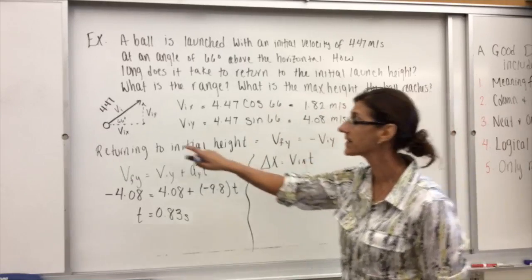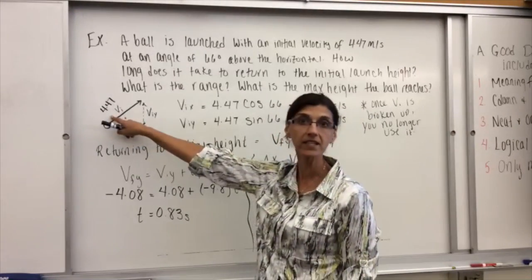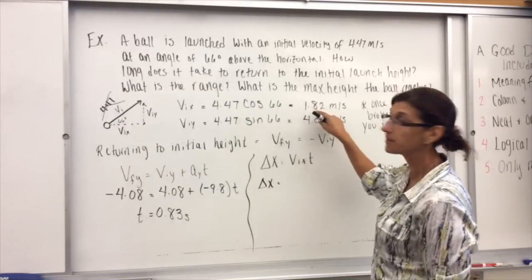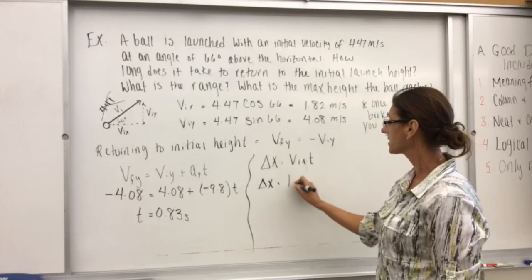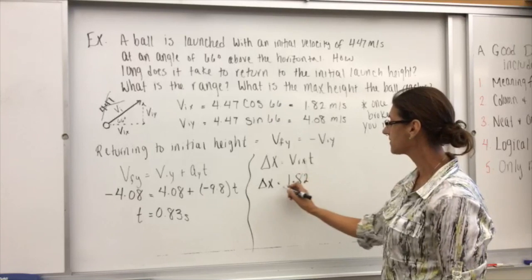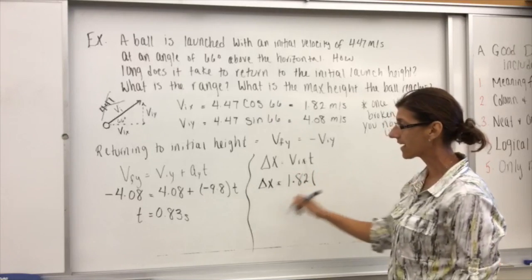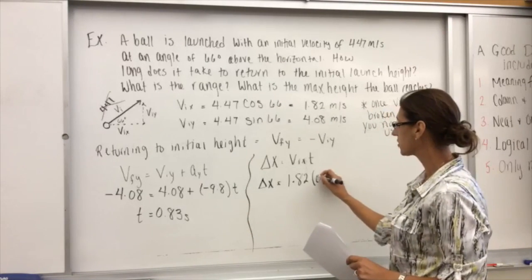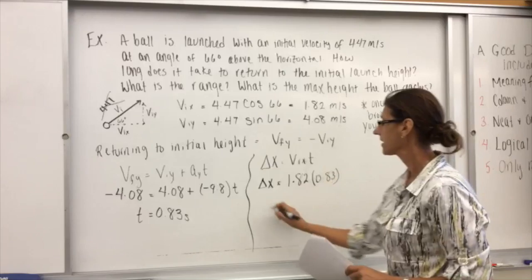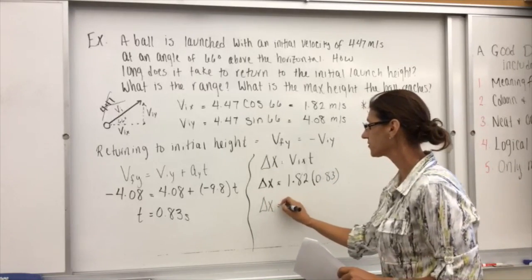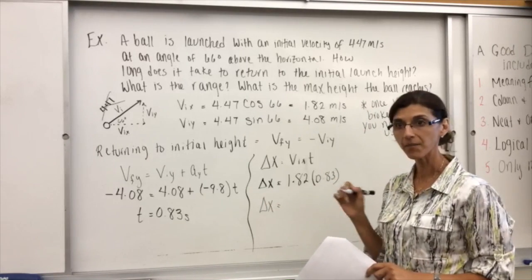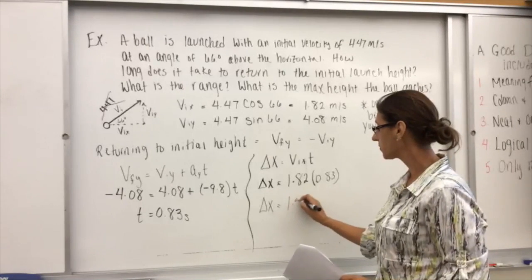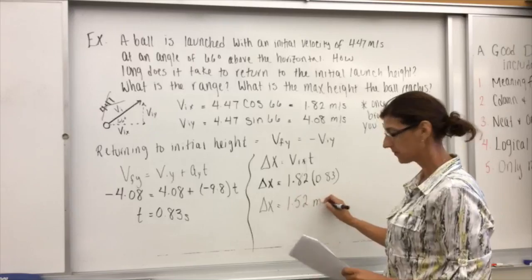A lot of students make the mistake and they use 4.47. Remember, we no longer use this number because we've broken it up into its components. So I'm going to use 1.82 as my v initial x. And now that I found the time here, I'm going to use that time, 0.83. And hopefully you're doing the calculations by pausing and getting an answer and then comparing it to mine. So this will be 1.52 meters.